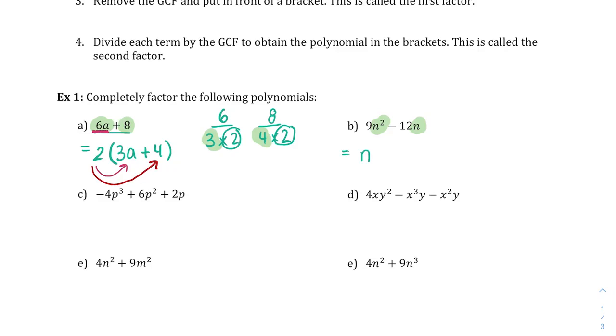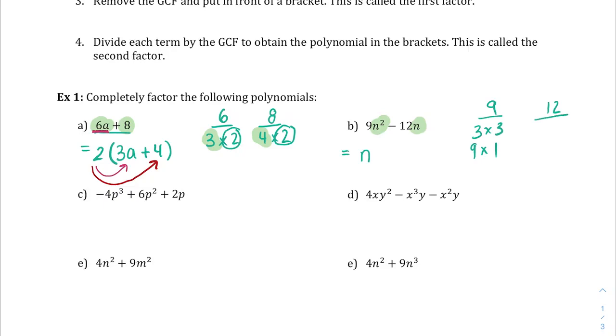Then we need to look at the coefficients, so the constant terms, 9 and 12. Well, what are all the factors of 9? We can have 9 times 1, 3 times 3, and that's about it.